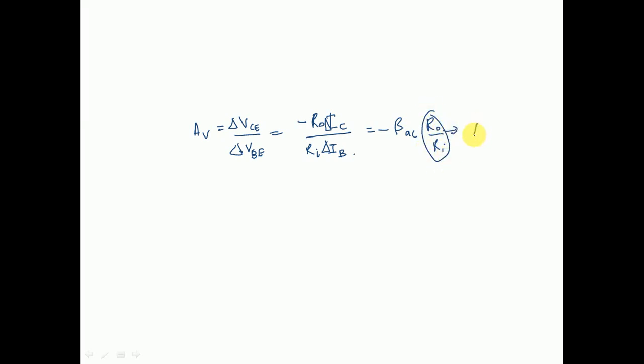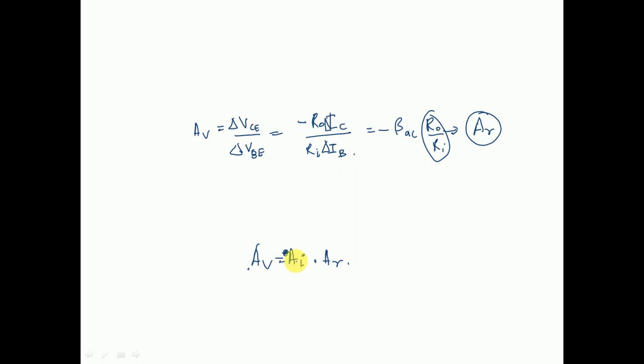This R naught by Ri is sometimes known as AR, or the AC resistance gain. You can write down AC resistance gain. So basically AV can be written as the product of AI, which is your beta AC, and AR.